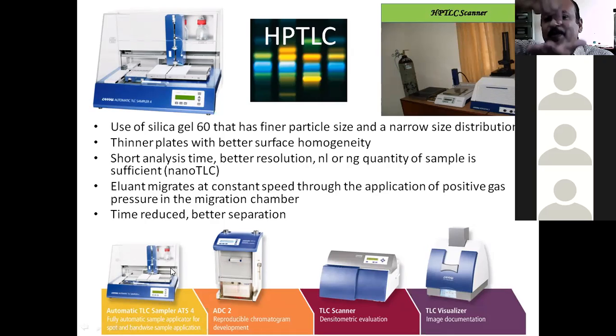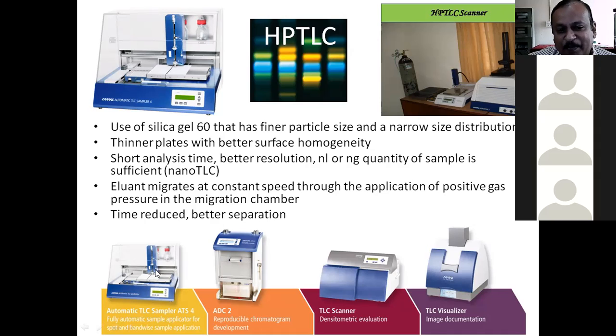Your applicator will take the sample from one vial, turn, and place the sample on the TLC plate at a precise location where you want the sample to be loaded. So that is an automatic TLC sample applicator or sampler.